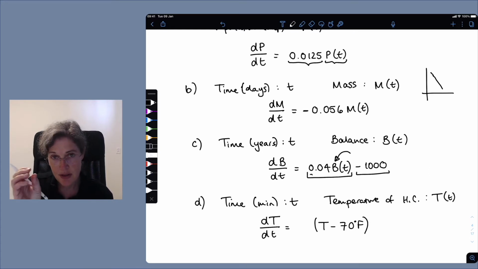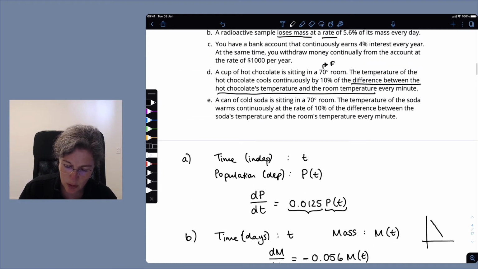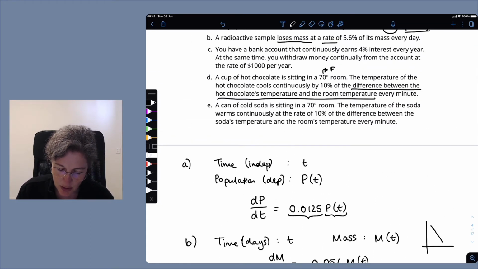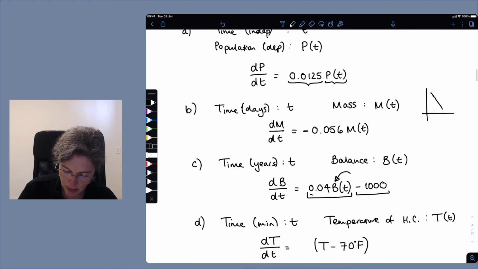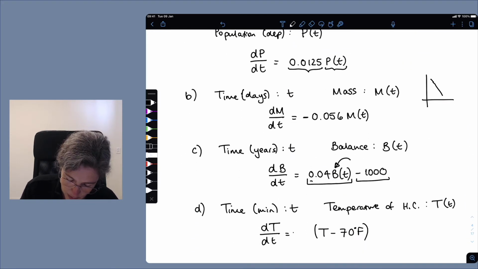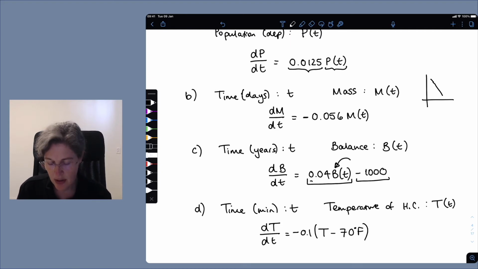So that gives us the difference, and what we're told is that it cools, so it goes down by 10% of that difference. Okay, so we've got to have a negative, and then we've got to have 0.1.